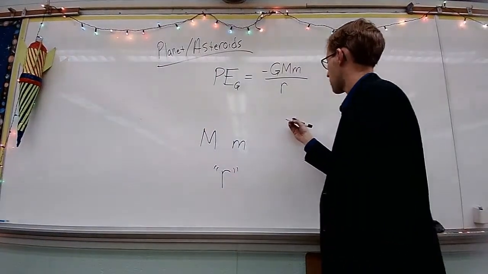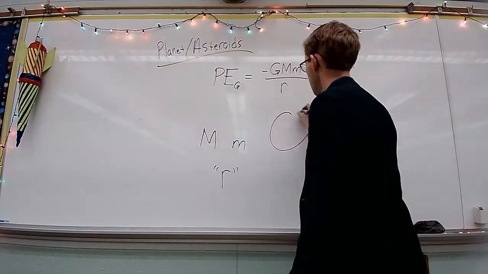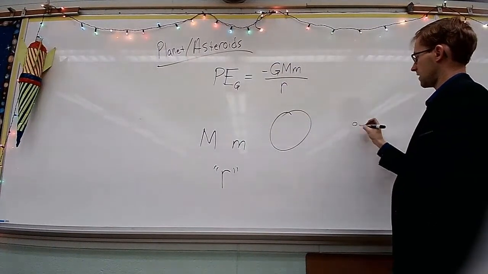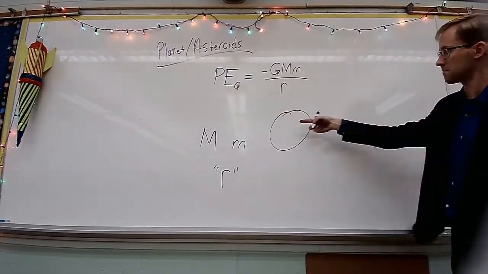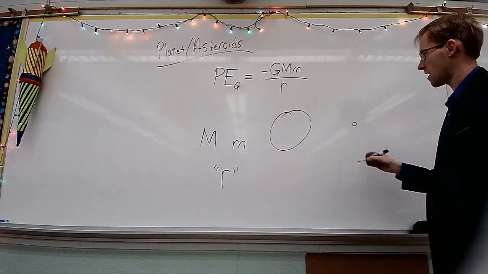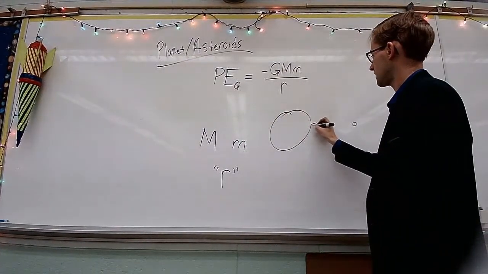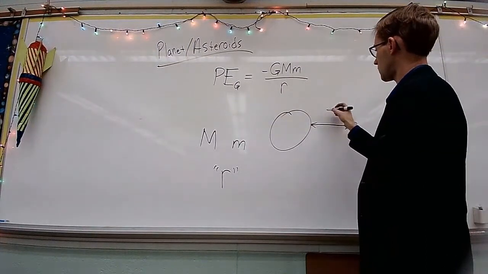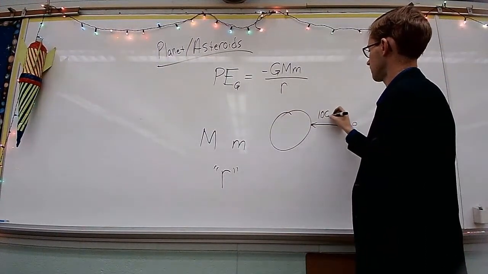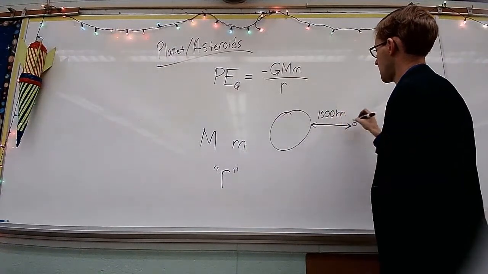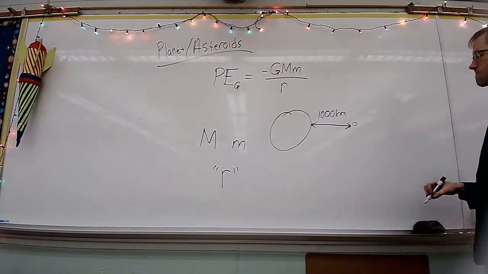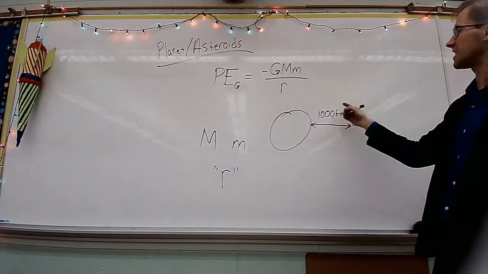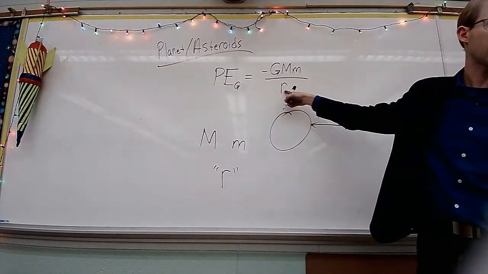So if you've got a problem where maybe this is the planet that you're looking at, and this is a little asteroid headed towards it, maybe they say that this distance right here is equal to 1,000 kilometers. If that's what they give you, this number is not the R value.